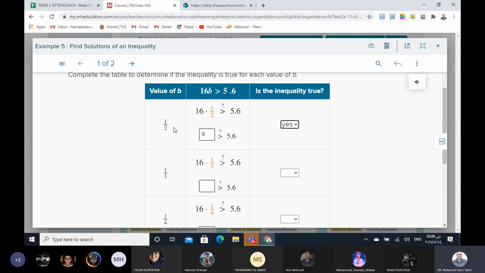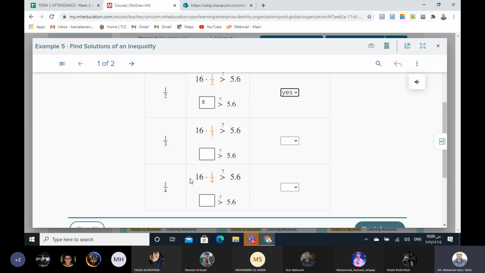So 1 over 2 is the first solution for this inequality. Now try 1 over 3. Write here the value of b, 1 over 3. Is 16 times 1 over 3 greater than 5.6? I don't know, so put here a question mark.